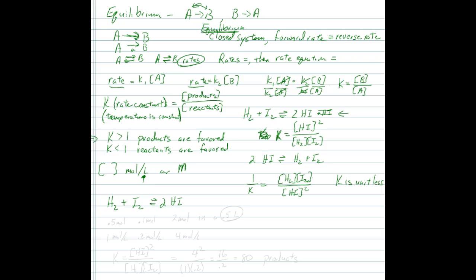If you're given that these are all gases and you have 0.5 moles of H2 and 0.1 moles of I2, and you have 2 moles of HI in a 0.5 liter container.